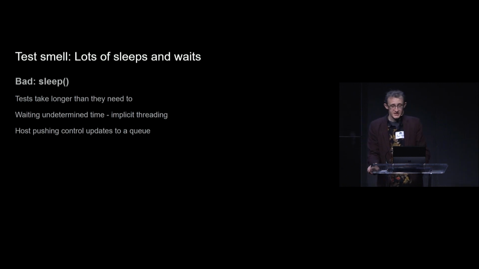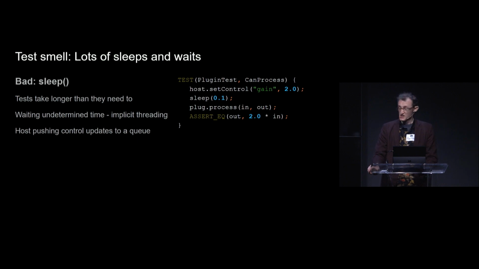If you're starting to test your code and you see things like this little sleep 0.1, well, that's a test smell. Tests are taking longer than they need to, first of all, because obviously this 0.1 is kind of arbitrary. It means you know there's a drag in here. You don't know exactly what it's doing.